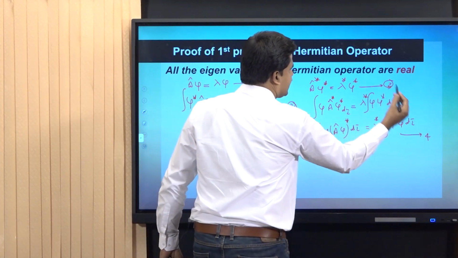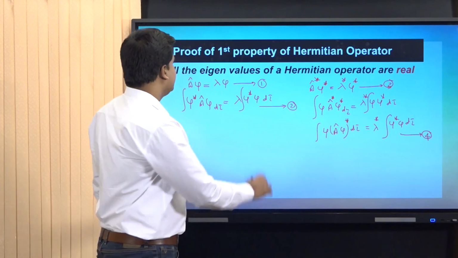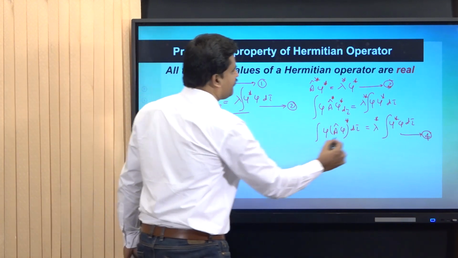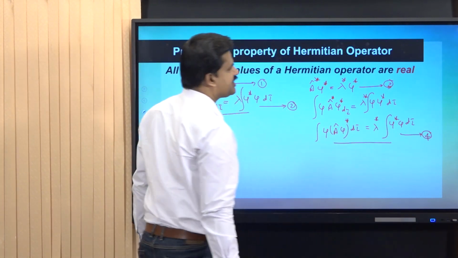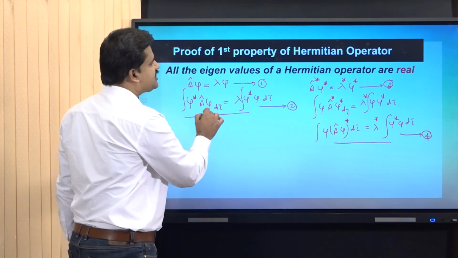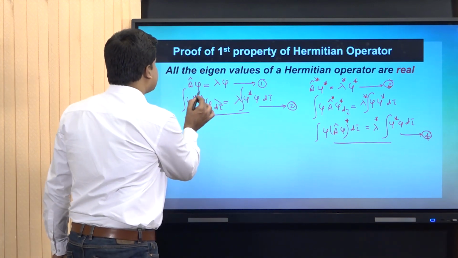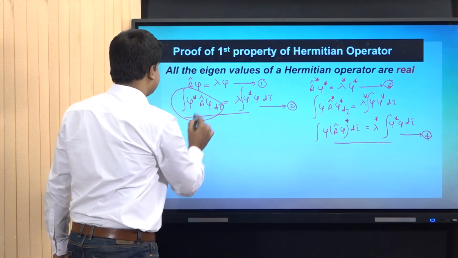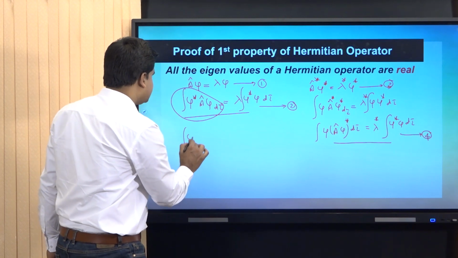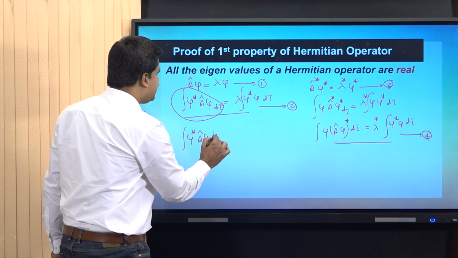This is equation number 4. On comparing equation number 2 with equation number 4, that is the further step, just look at the left hand side of these two equations. The left hand side of equation 2 is the integral of psi star A hat psi d tau.